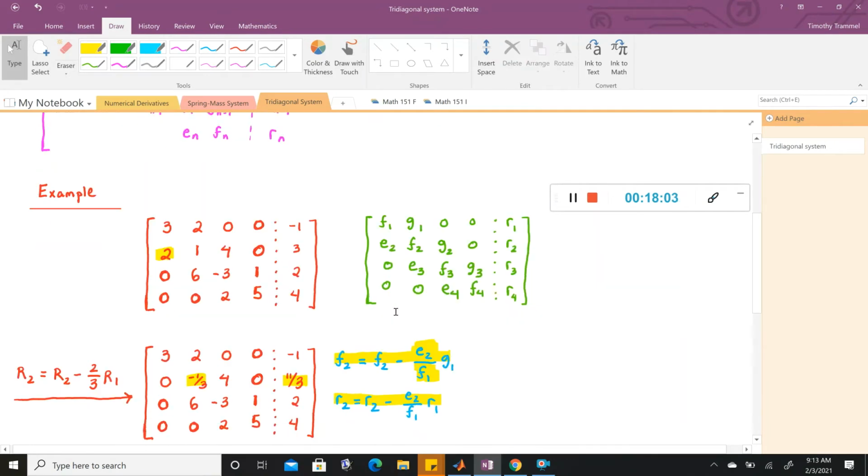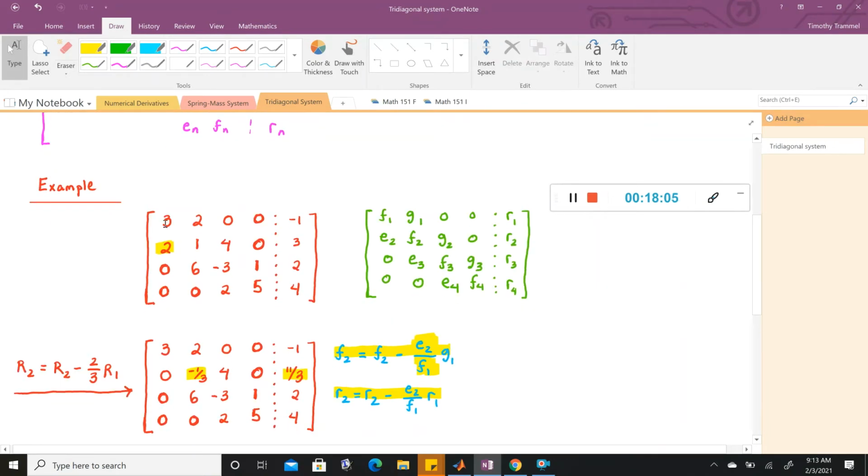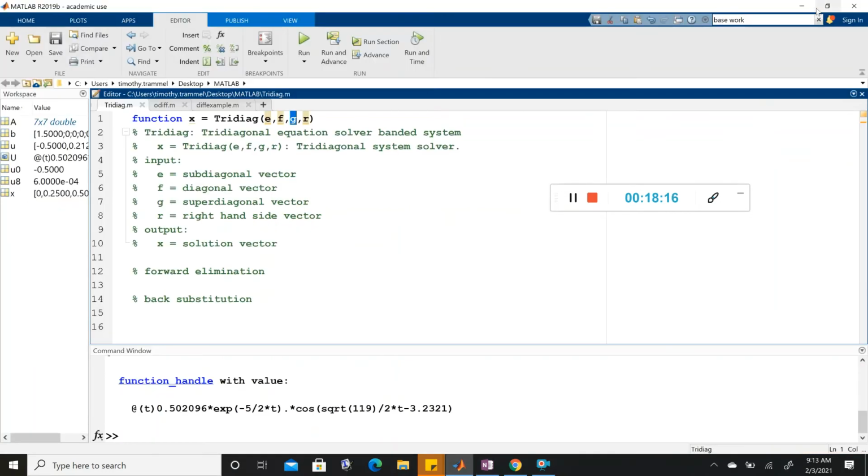Let's go up here. If we look here, you can see the main diagonal has 4 elements, the lower has 3, and the upper has 3. So if we're trying to get the dimension of the matrix A, what we could do is take the length of F.